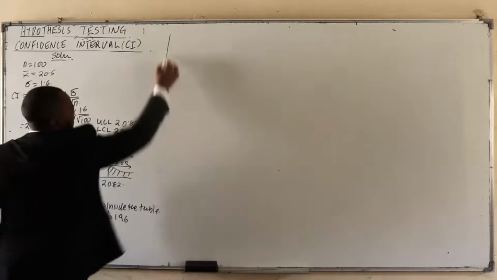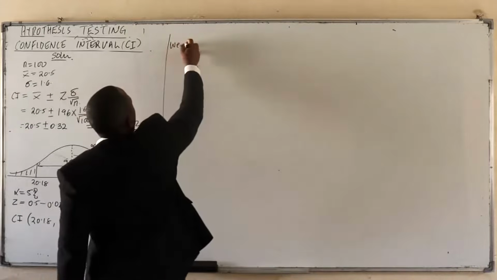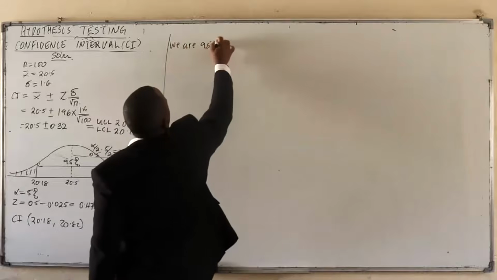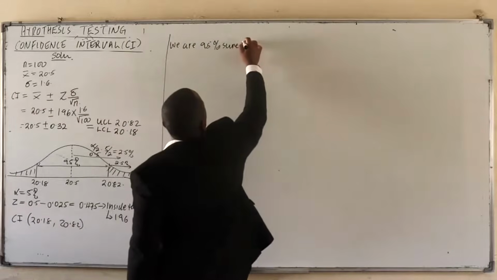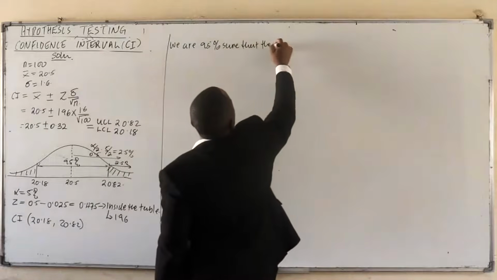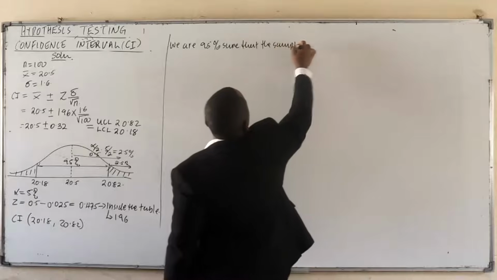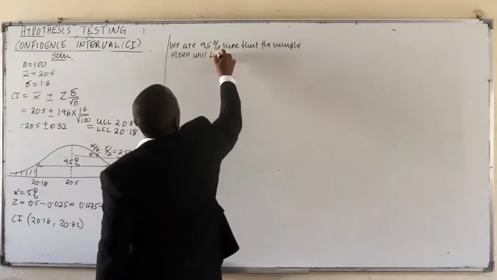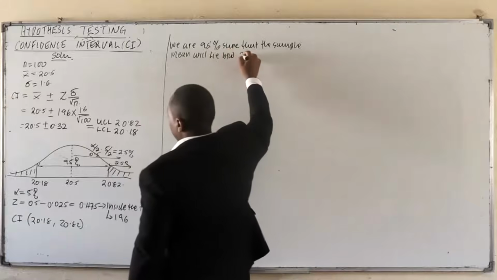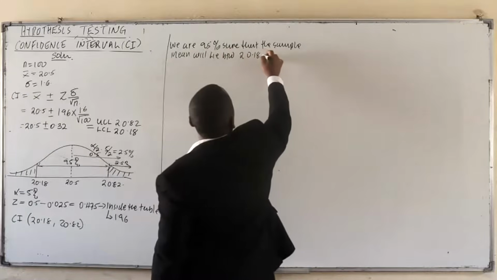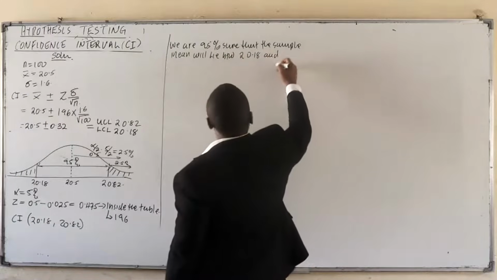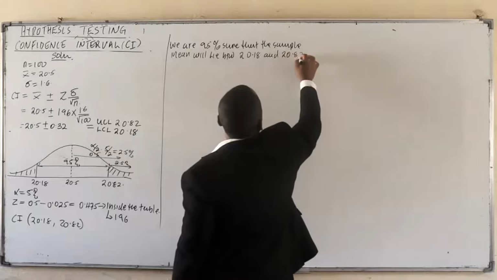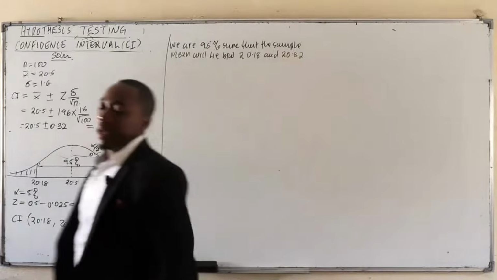So that means we are 95% sure that the sample mean will lie between 20.18 and 20.82. Good. You can copy now.